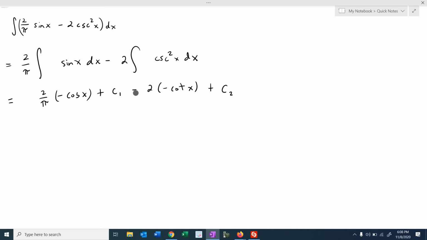So let's just clean this up a little bit. This minus and this minus, of course, gives you a plus. Then C1 plus C2 is just another constant, which I'm going to call C. So this is the antiderivative of this function. And if you wanted to check it, you could take the derivative of this and make sure it goes back to that.